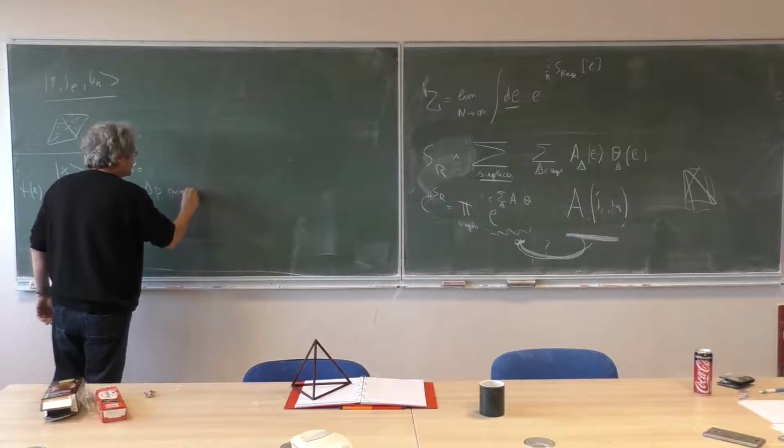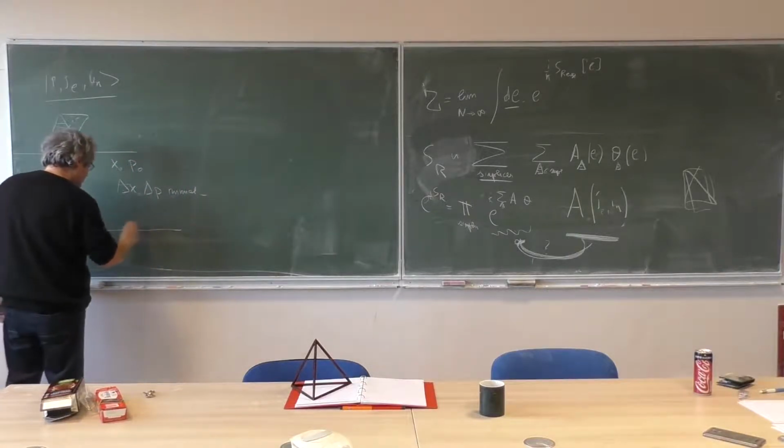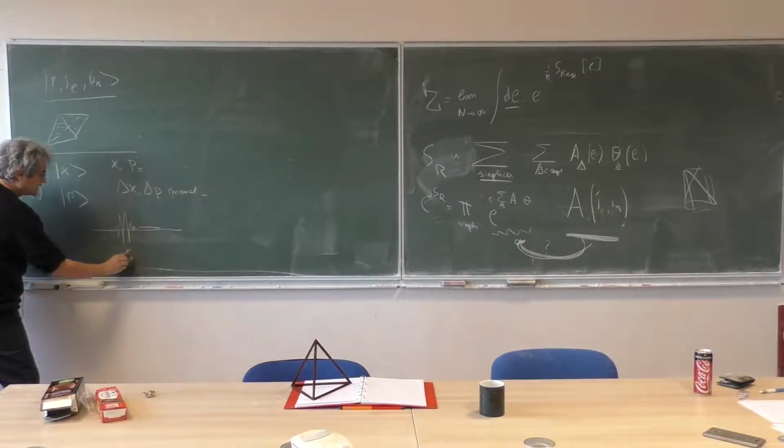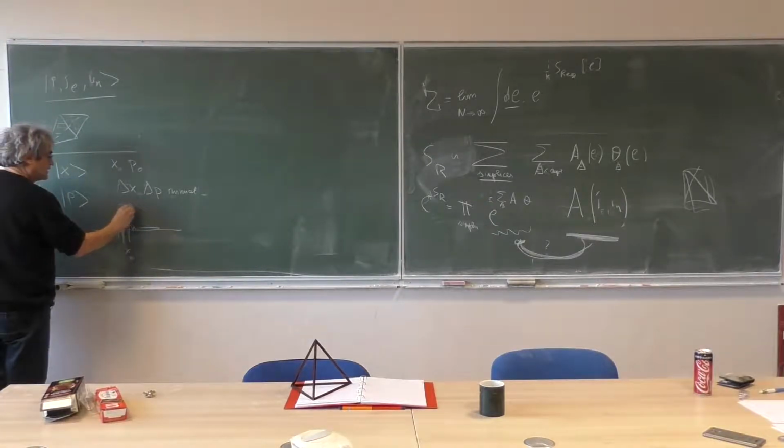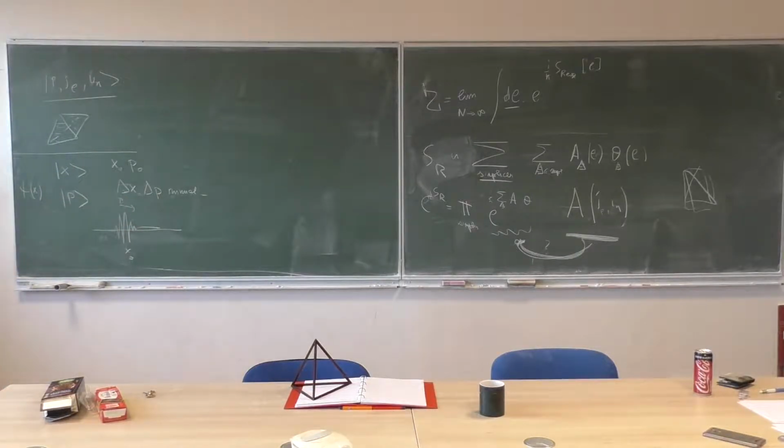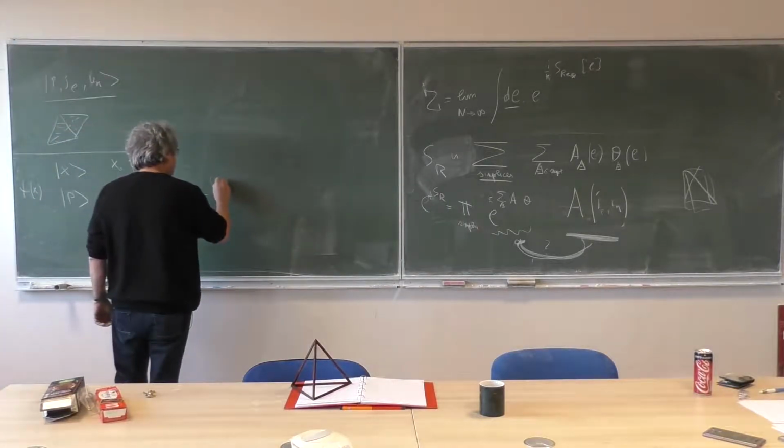Yes, or is small? Yes, these are the wave packets, right? Kind of wave packet centered in x with a delta x, which moves with a momentum p0, with a certain spread, and we know how to describe these things here. These are semi-classical states, wave packets, coherent states.